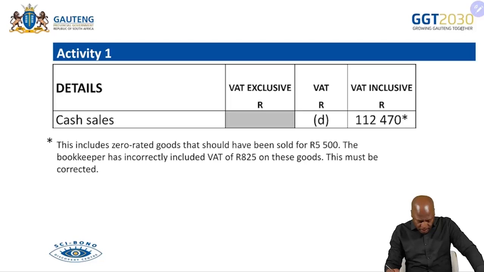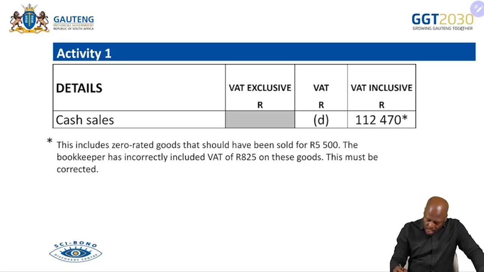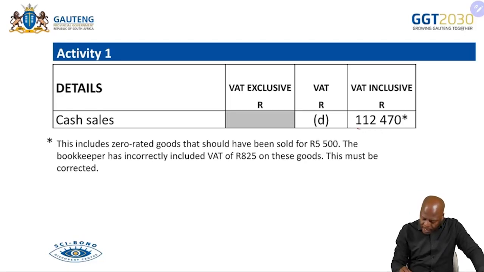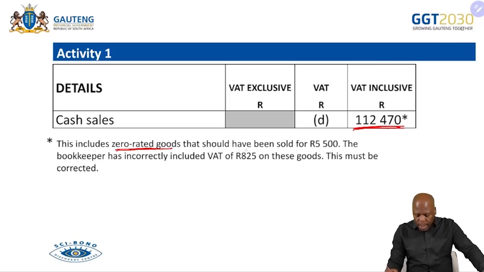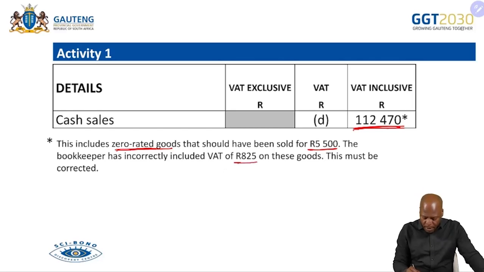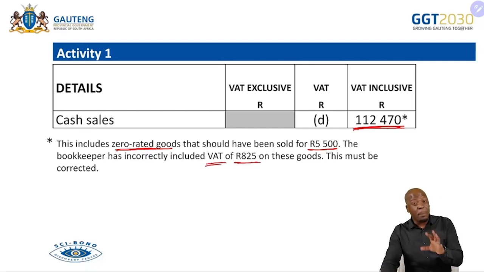There it is. It says, in this 112,470, in this amount, it includes zero rated goods. There are zero rated goods that should have been sold for 5,500. The bookkeeper has incorrectly included 825. 825 is the VAT. So the bookkeeper made a mistake here.